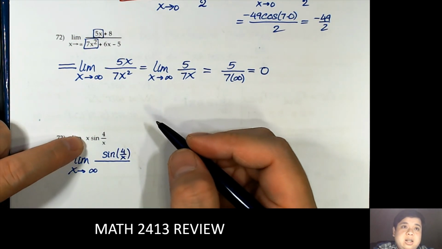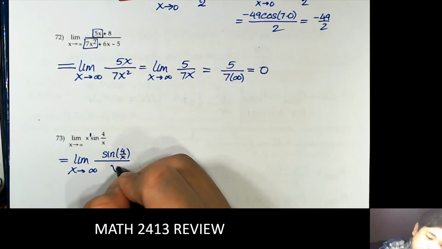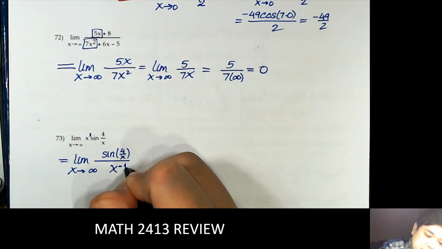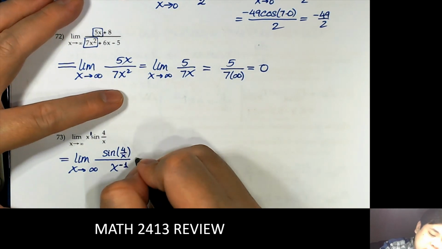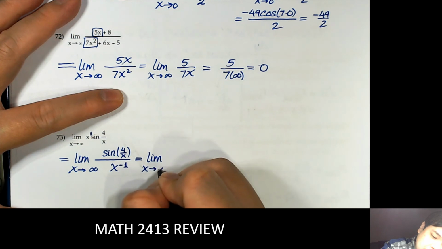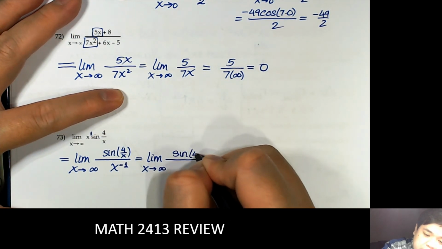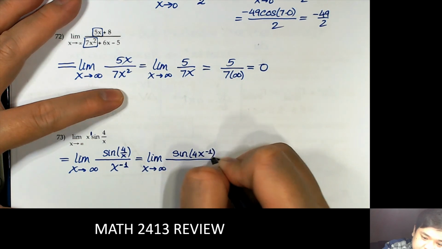But the x, we move to the bottom, and the power becomes negative. Likewise, we can write 4x to the negative 1 as well.